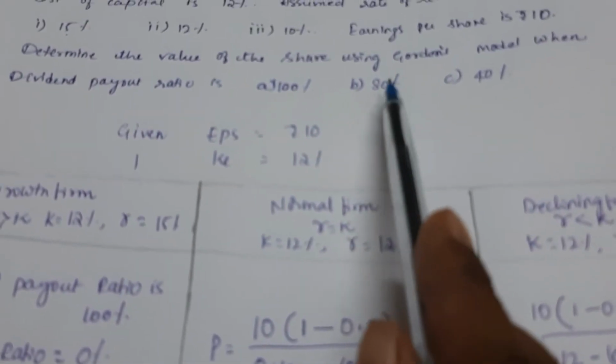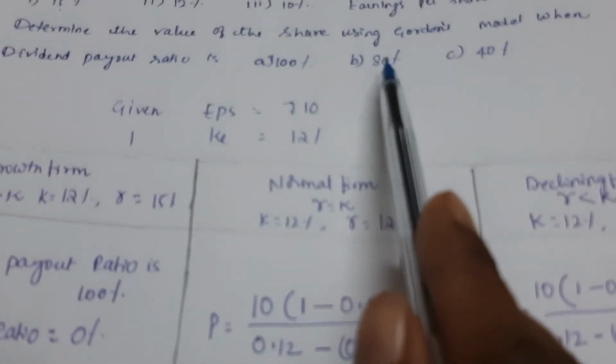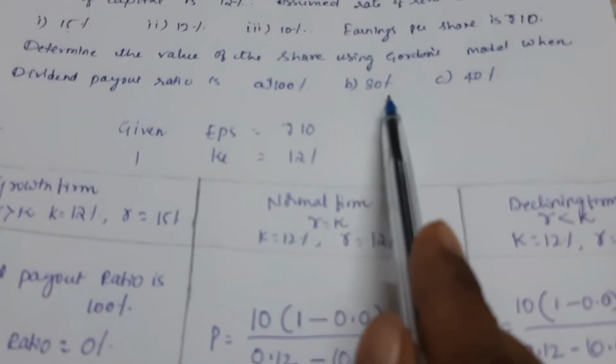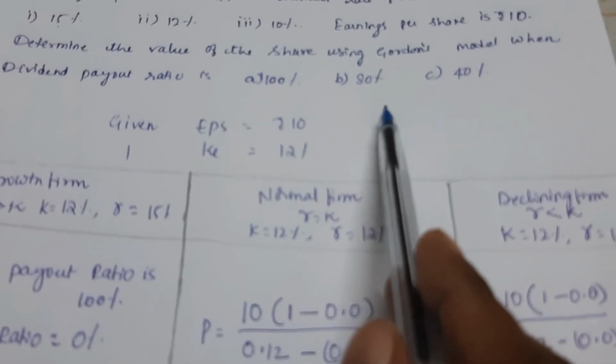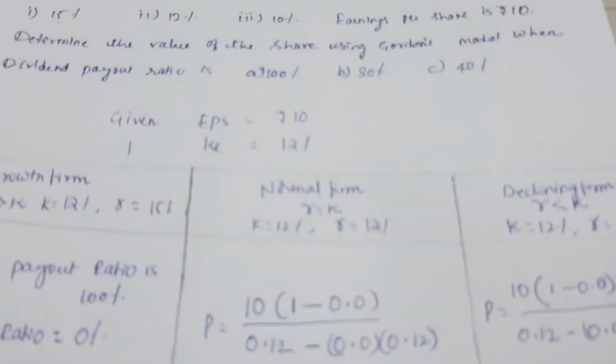Now we will see point B, where dividend payout is 80%. When dividend payout is 80%, it means that the retention ratio is going to be 20%.